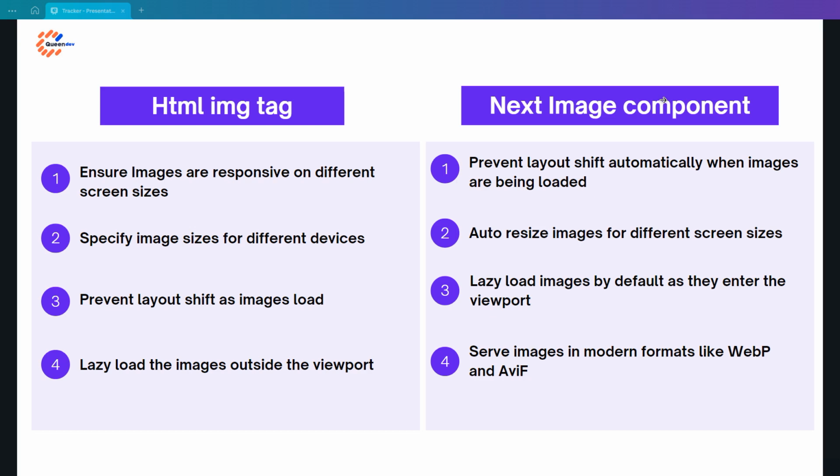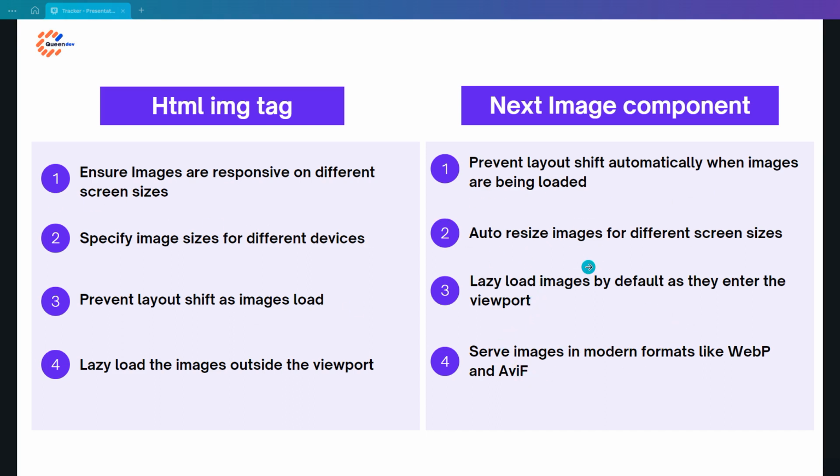Imagine that you have 200 images, or even more than 1,000 images, on a single web page, and all of those images are loaded at once. It's going to slow down the load time of that page, and layout shift is also going to occur.